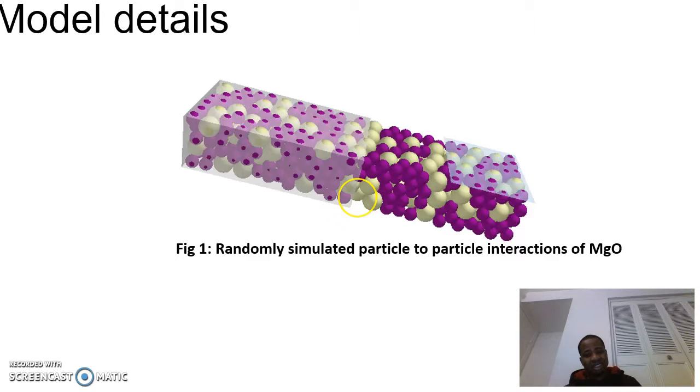One represents the magnesium and the other tells us that this is oxygen. The bigger ones represent the magnesium and the smaller ones the oxygen, because if you check the atomic radius of those two elements, you can see that the magnesium is bigger than the oxygen.